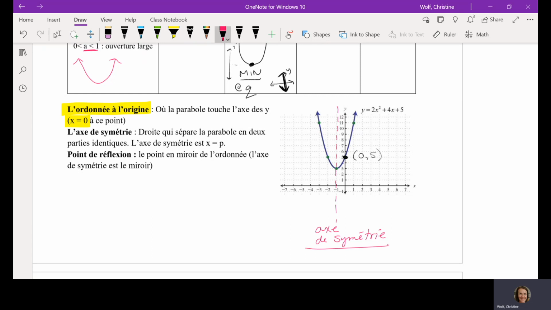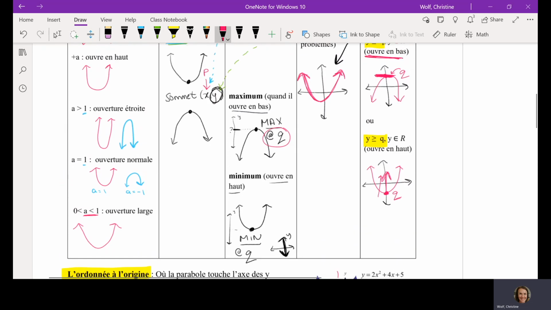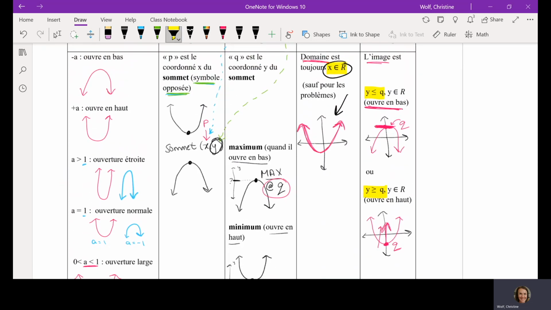So pour chercher l'axe de symétrie, tu cherches le sommet, which is right there, et on fait juste une coupe verticale. All right? L'axe de symétrie va être toujours à une valeur de X. So si on regarde ici, j'ai coupé la parabole à la valeur de X égale -1. And just a reminder, I explained up here that, remember, X and P are interchangeable.